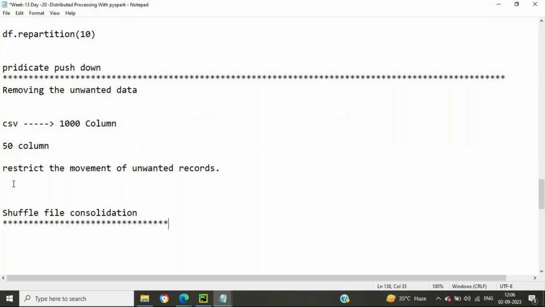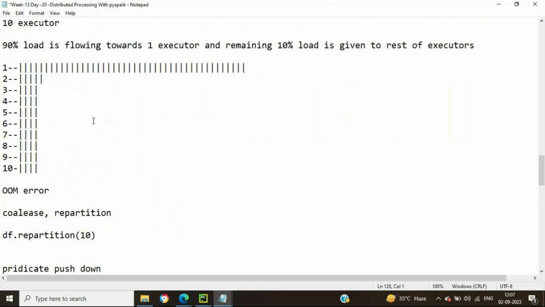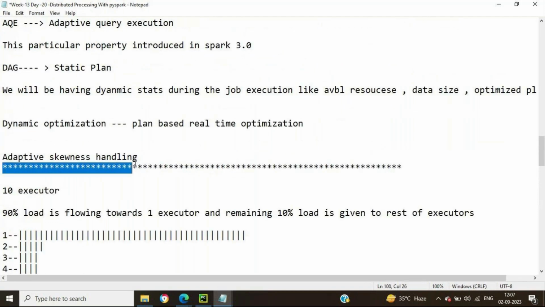With shuffle file consolidation, once shuffling happens, the files will be clubbed together, and Spark is able to optimize the performance. These things are possible just by setting one property.